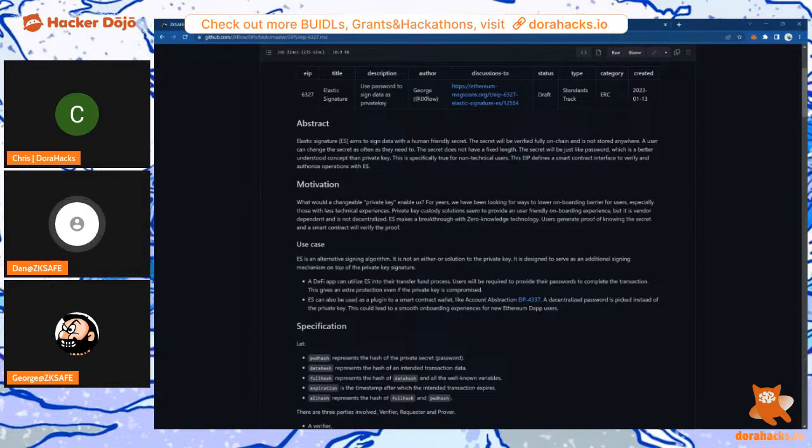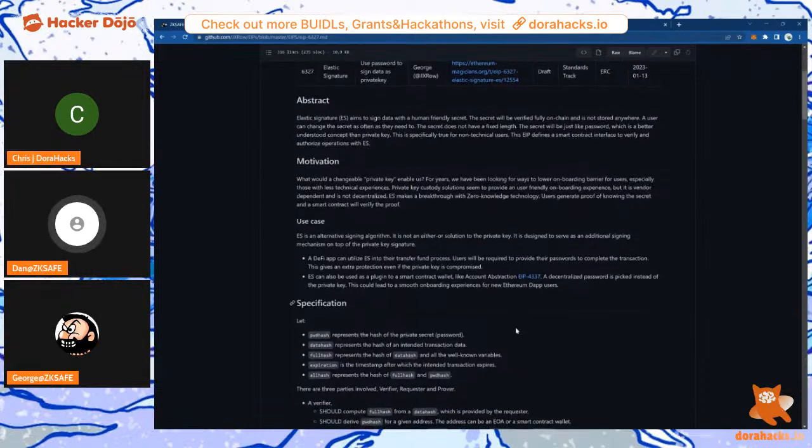It will require the user to enter their password, their secret, to complete a transaction, for example to transfer $5,000 into another account, or even 10 ETH. You can set a limit, and if it reaches that limit, you will be required to enter your secret, your password.